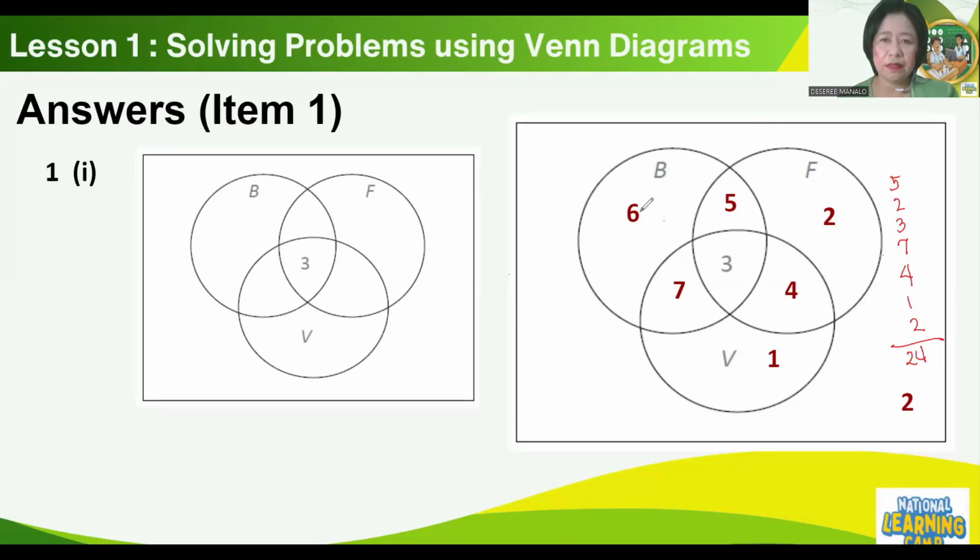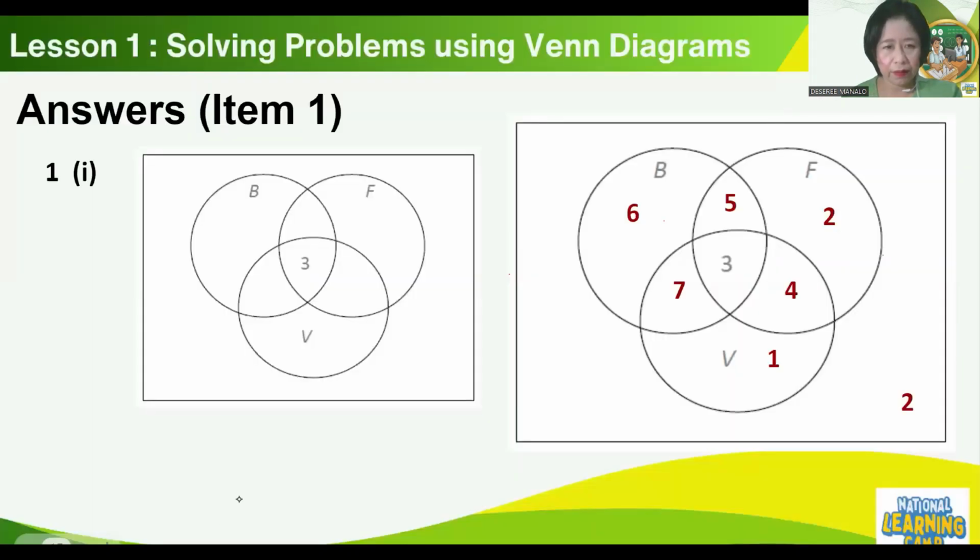And then to get this 6, there are 30 students, so we subtract 30 minus 24 is equal to 6. So that's why the answer is 6.